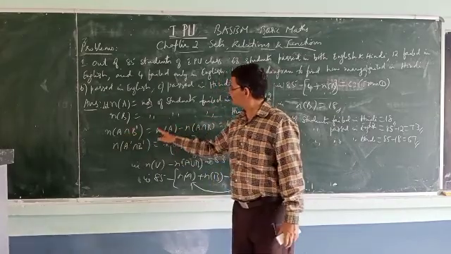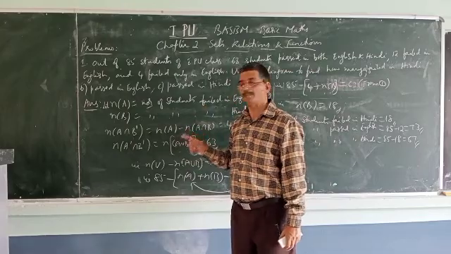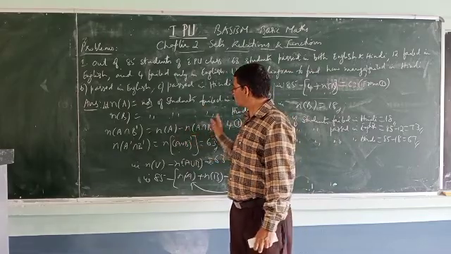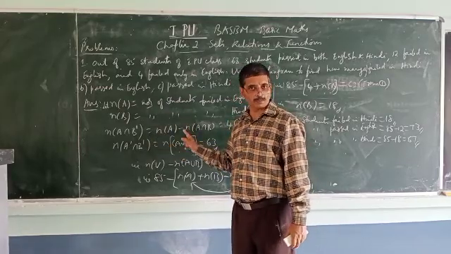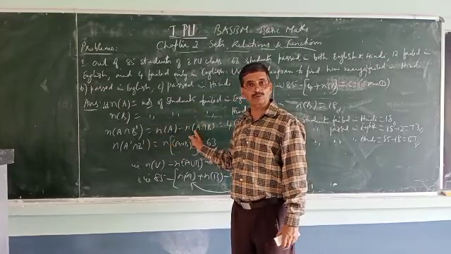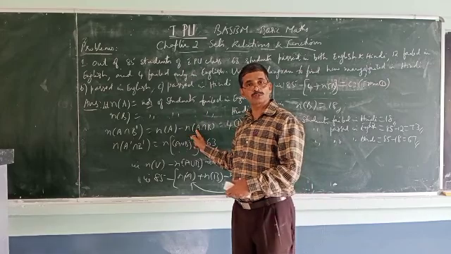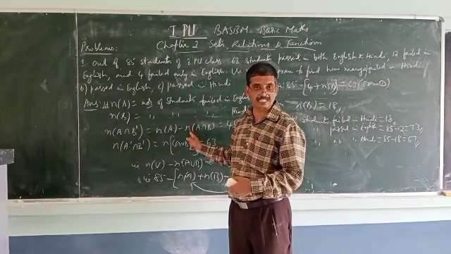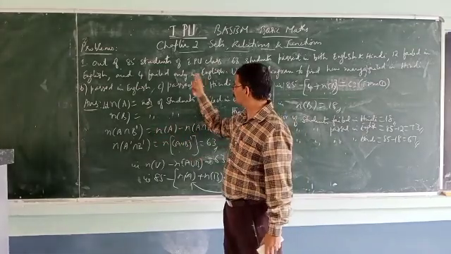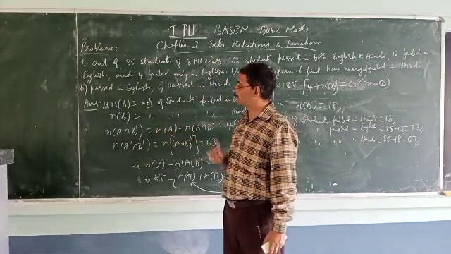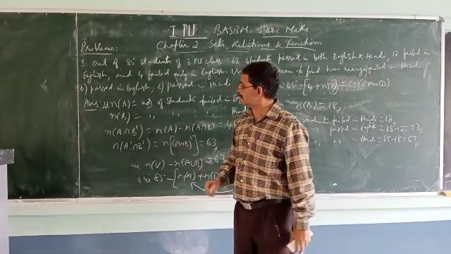That means the number of students who failed in English, but I am removing those who failed in both, that is, those who failed in Hindi as well as English. So I get only failed in English, which is given as 4. I am using that for the next step.